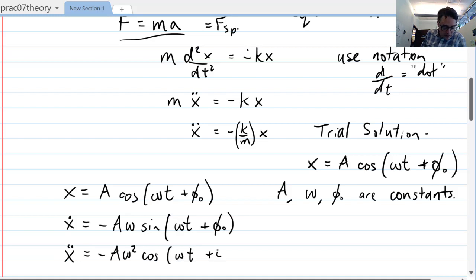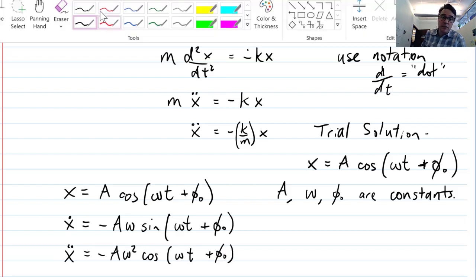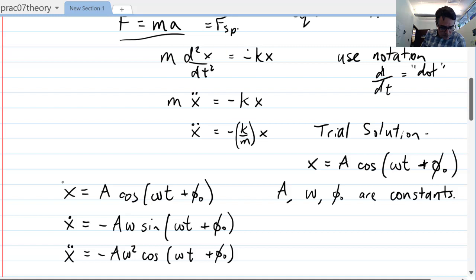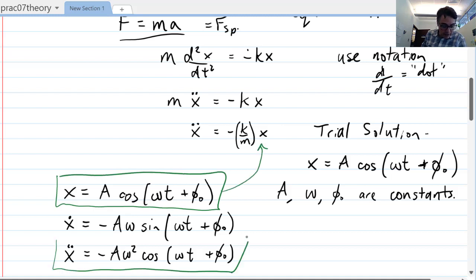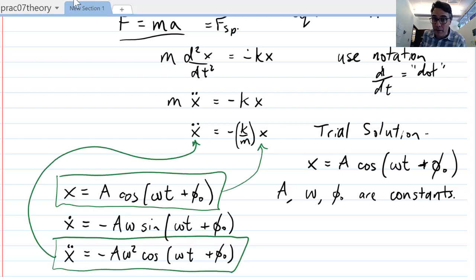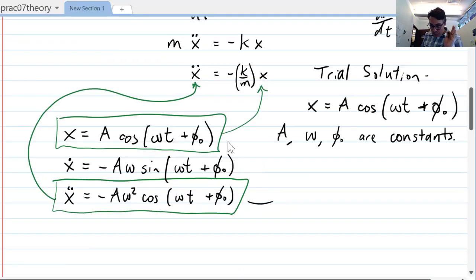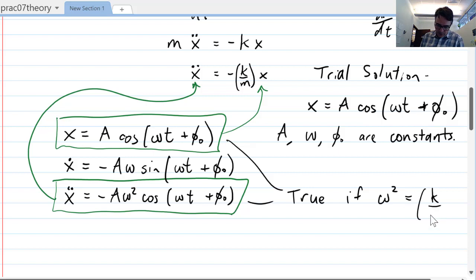Now take another time derivative: the derivative of sine is positive cosine, and so the negative sign remains, and you get another omega, so you get negative A omega squared times cosine. And so if you plug x and x double dot into this differential equation, then the whole thing works beautifully. So it is true if omega squared is the same as k over m.